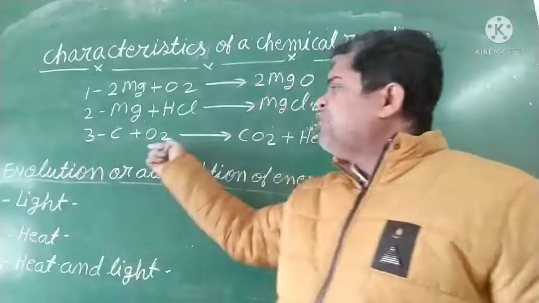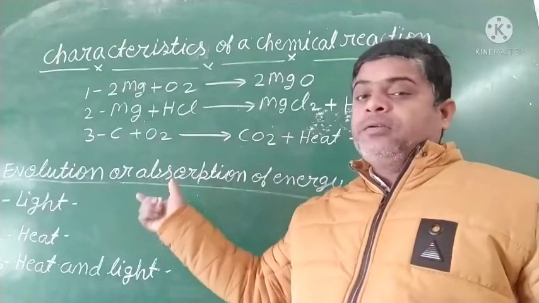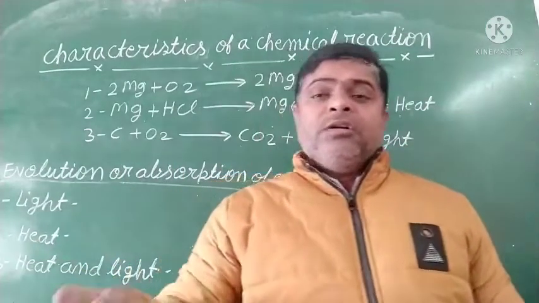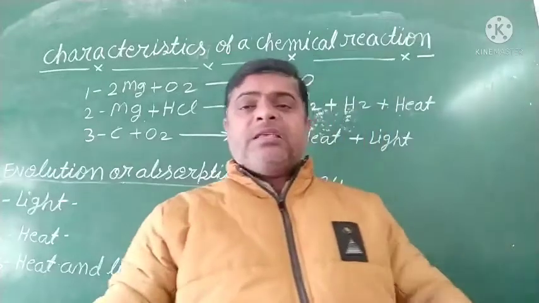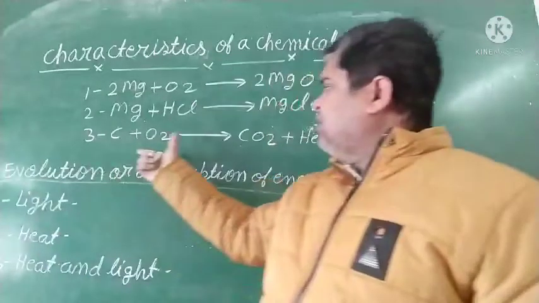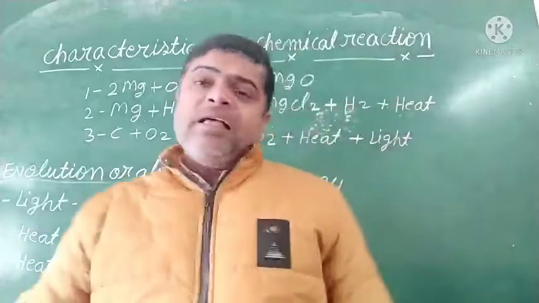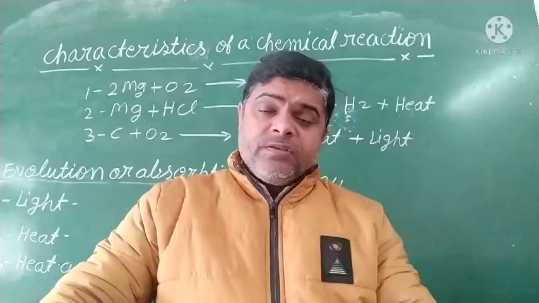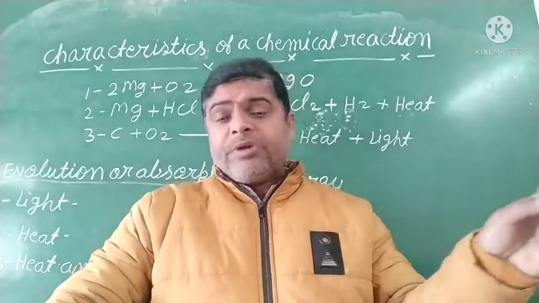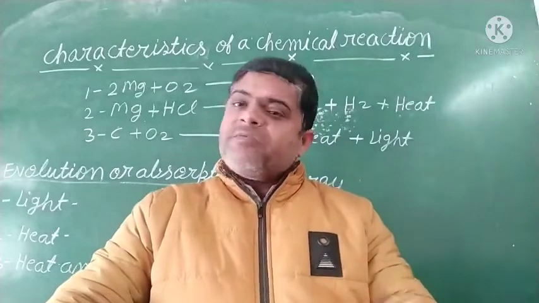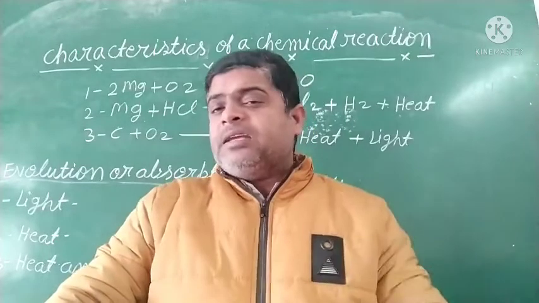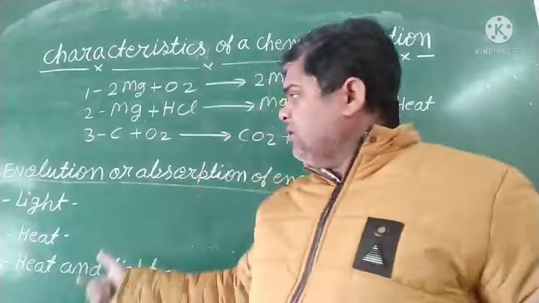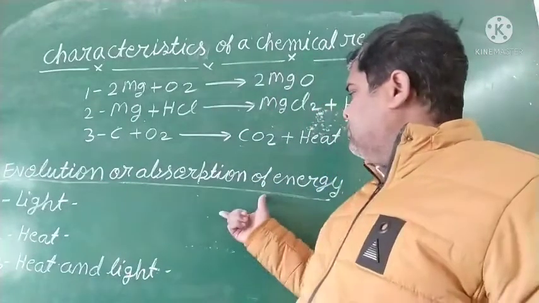So when carbon reacts with oxygen, that is, when coal, wood, petrol, diesel, kerosene, anything burns, it releases heat and light and releases carbon dioxide. Have you seen when coal burns, or you take wood or petrol, diesel, kerosene, each and everything, it burns and releases heat and light. Okay, so these are the examples of the evolution or absorption of heat.